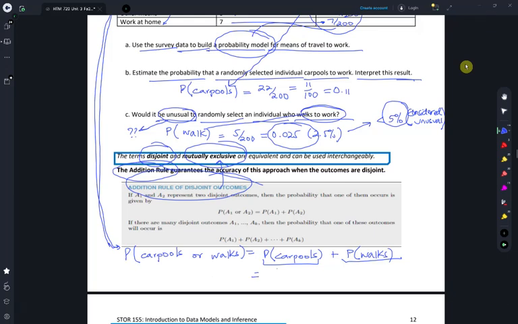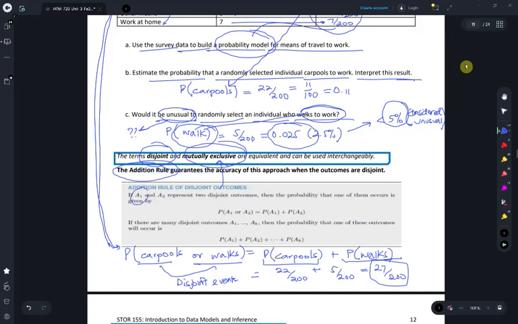In this case, you have 22 over 200 plus the probability of walk, 5 over 200, which gives 27 out of 200 as the probability for these two disjoint or mutually exclusive events. In general, when A1 represents an event and A2 represents another event, and both are disjoint outcomes, we use the addition rule for disjoint events, which involves computing their separate probabilities and then adding them together.